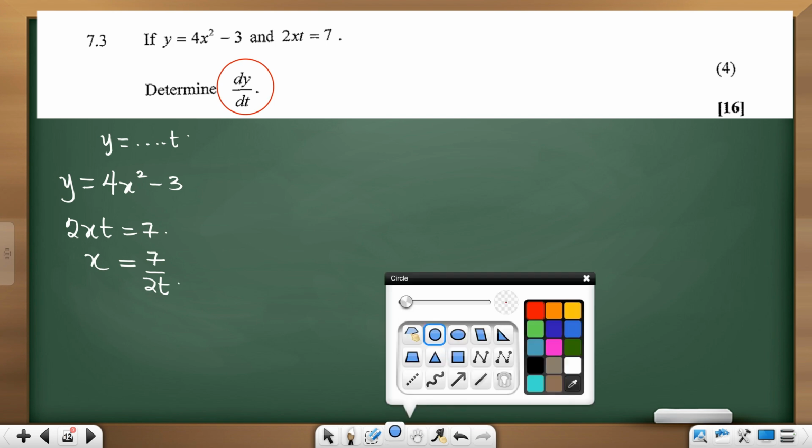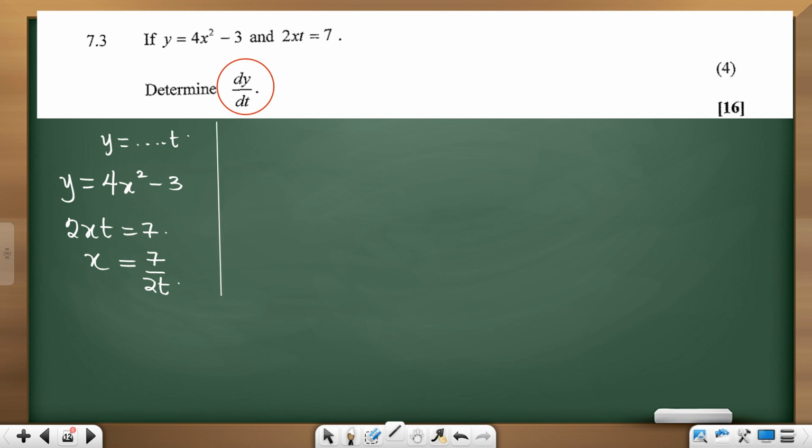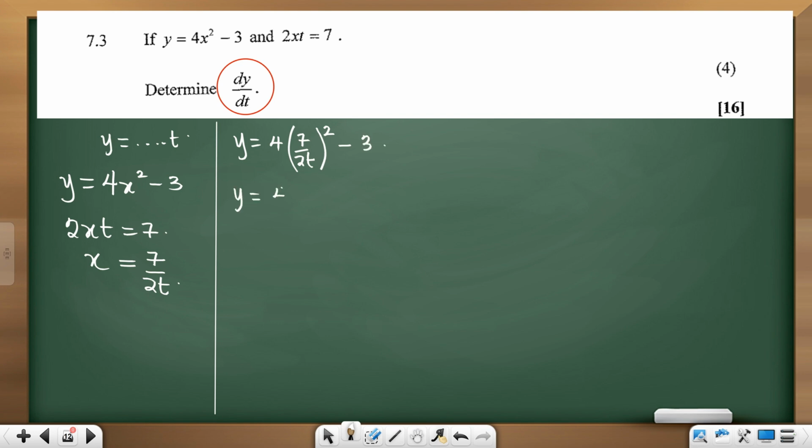Now, substitute, because I want my equation to be y equals to something in t. So anywhere I see x, what do I write? 7 over 2t squared minus 3. What would that give me? 4 times 7 squared is what? 49 over what? 4t squared.